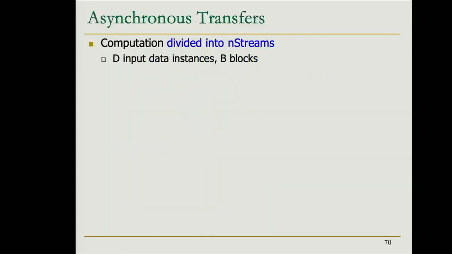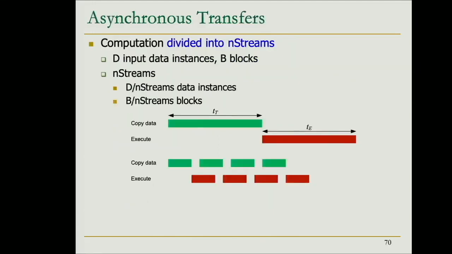So what we can do is divide the computation into multiple streams such that they are independent. These two are one stream, they are in order, you see, but independent of this stream. As soon as I'm done with this transfer, I can start the computation, and at the same time, because these streams can be asynchronous, I can overlap the data transfer for the next chunk of the computation with the actual computation of the first chunk. And by doing that, I can save a lot of time.